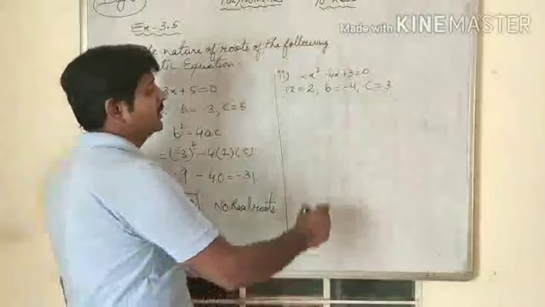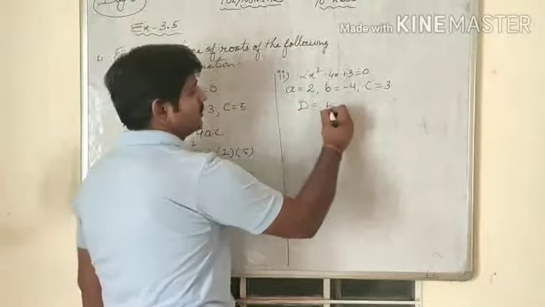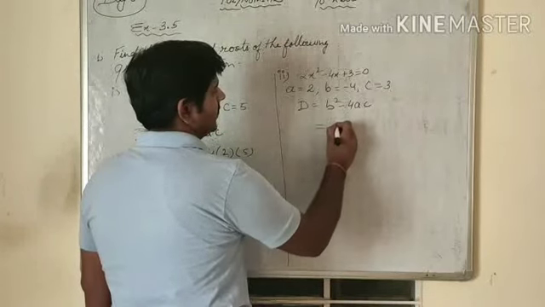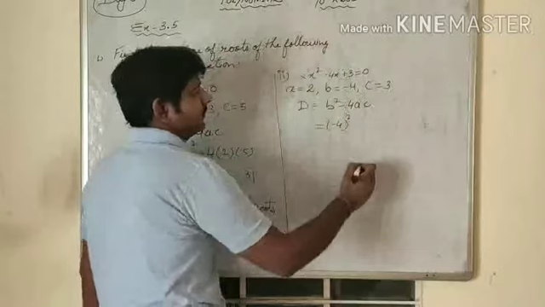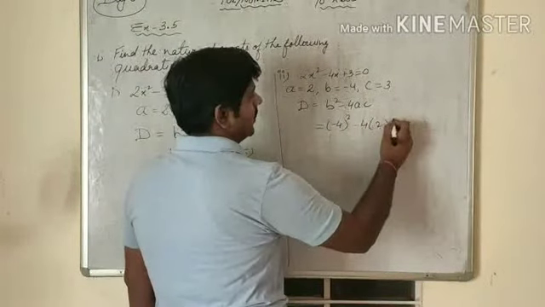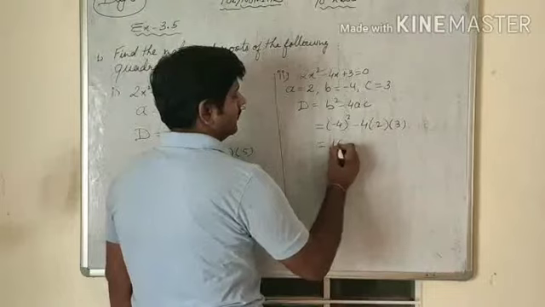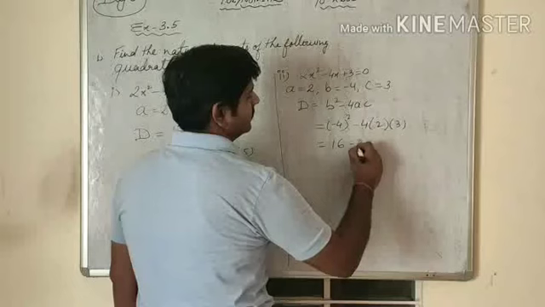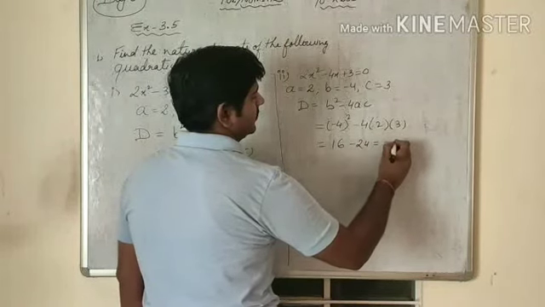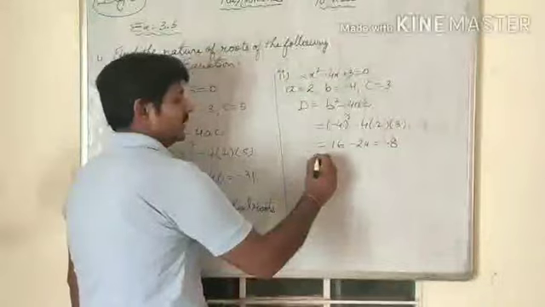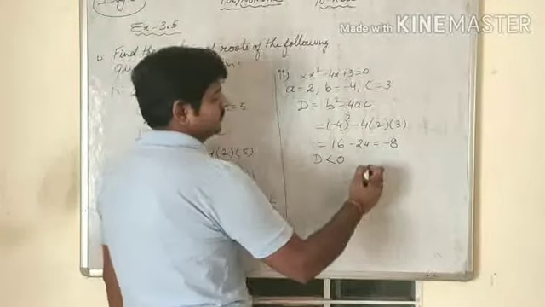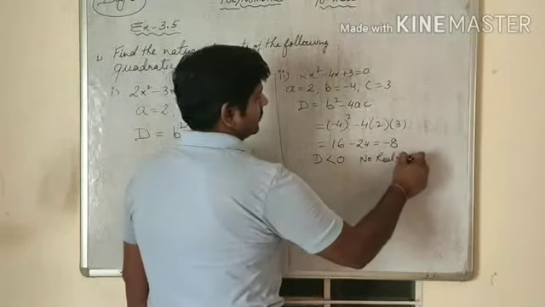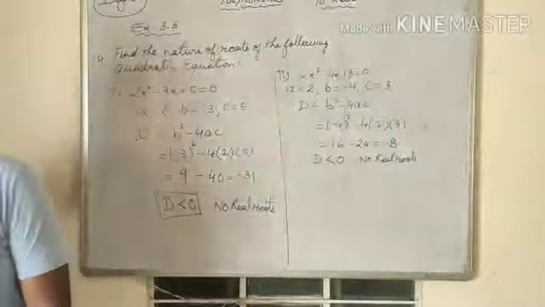Discriminant equals b square minus 4AC. B is minus 4, squared, minus 4 into 2 into 3. 4 square is 16. 4 2s are 8, 8 3s are 24. If we subtract, we get minus 8. So our discriminant is less than 0, so there are no real roots. Both parts have no real roots.